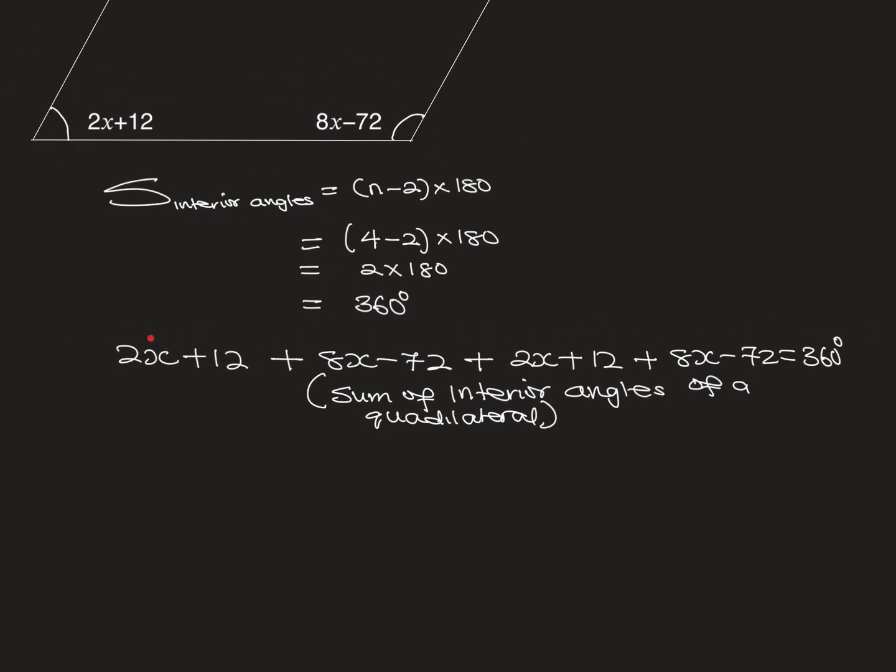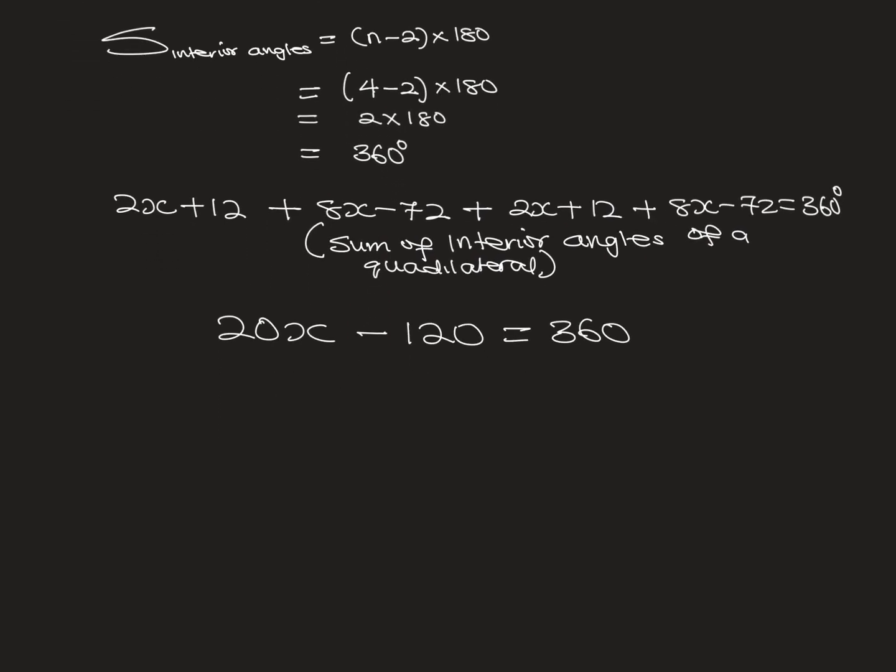So if I add 2x plus 8x plus 2x plus 8x, that will be 20x. If I add 12 minus 72 plus 12 minus 72, that will be minus 120. This is equal to 360 degrees.